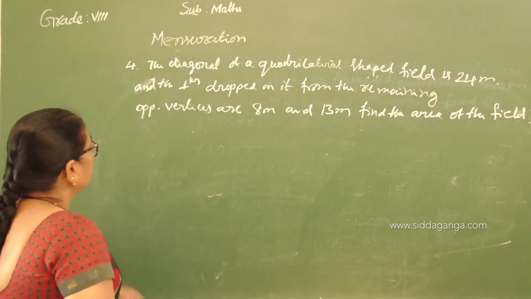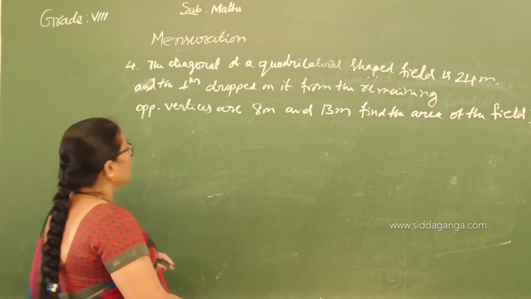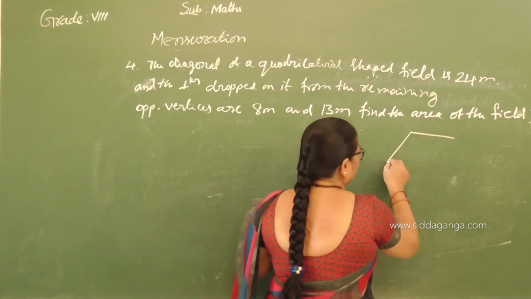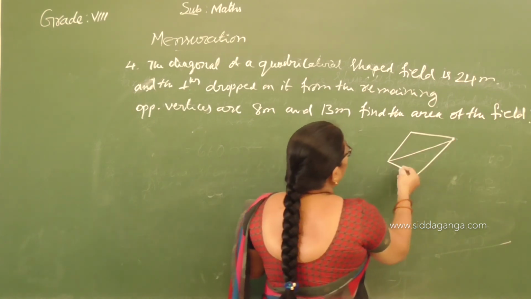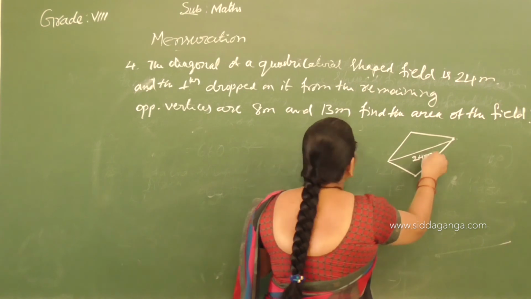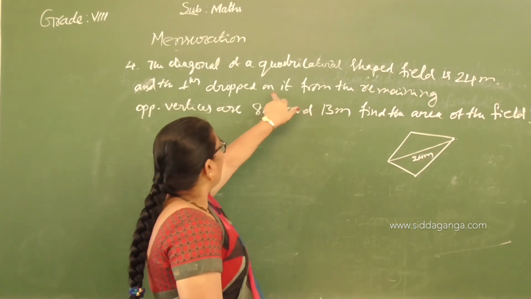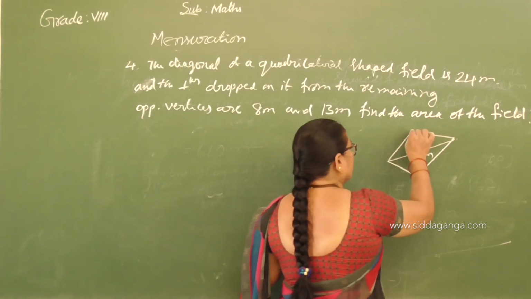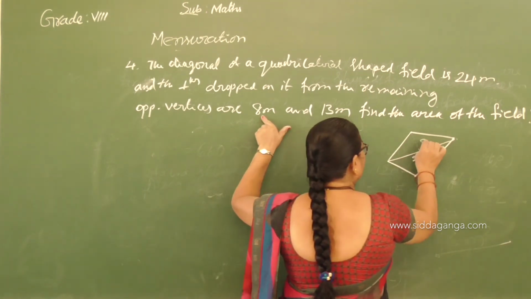Here the diagonal of a quadrilateral shaped field is 24 meter. So I can take one figure. It is a quadrilateral. Diagonal of the quadrilateral shaped field is 24 meter. Then perpendicular dropped on it from the remaining opposite vertices, this one is equal to 8 meter.